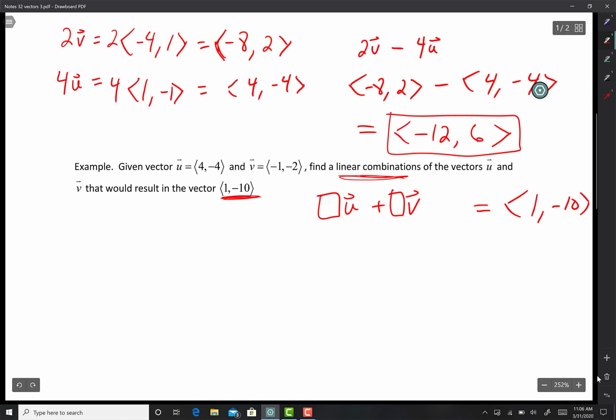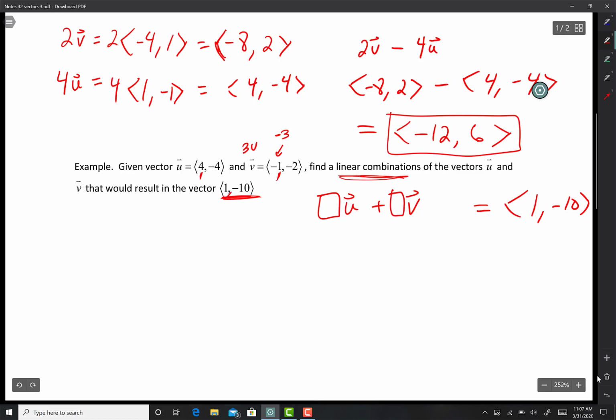So this one's pretty straightforward. I can see I have a 4 and a negative 1 in the x component, or the i component. So if I were to say 3 times v, that would be a negative 3. And then 4 minus 3 would give you a 1.